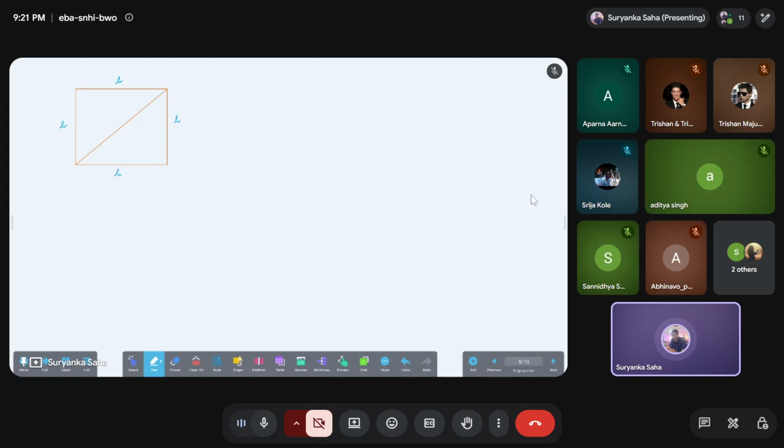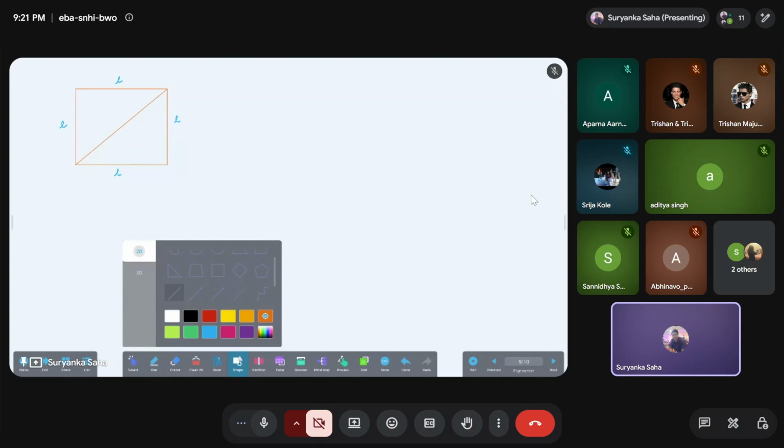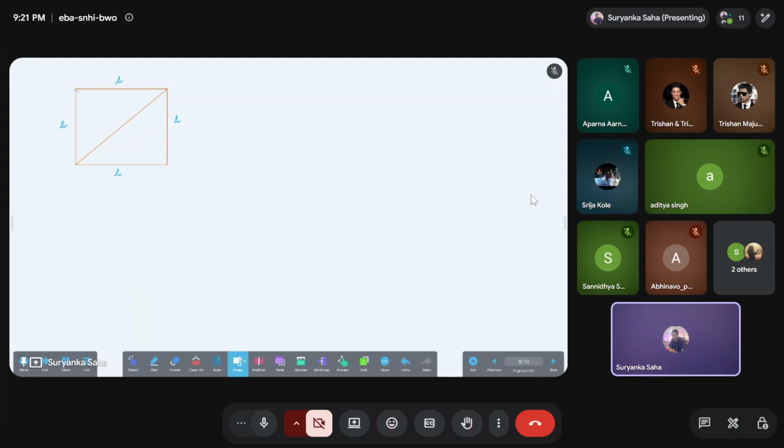Do you know what is the length of the diagonal of a square? You have studied this. Tell me, Sreeja, what is the length of a diagonal of a square? Aditya Singh, tell me, hurry up.